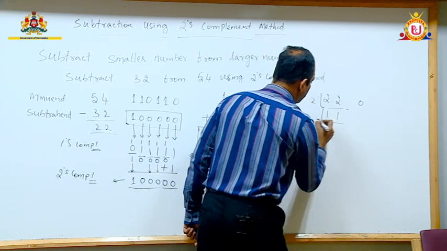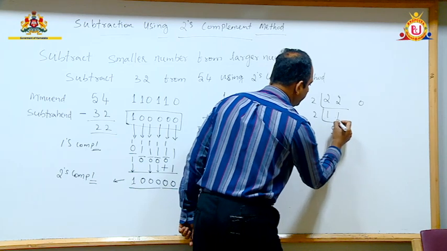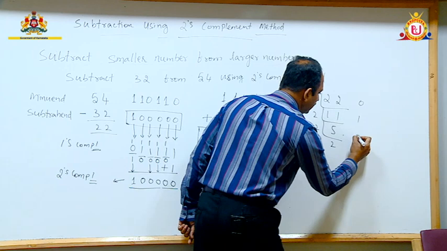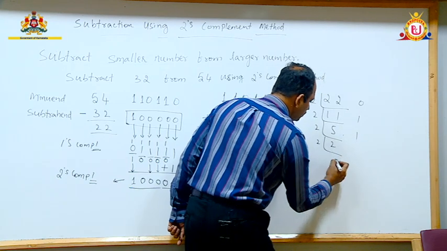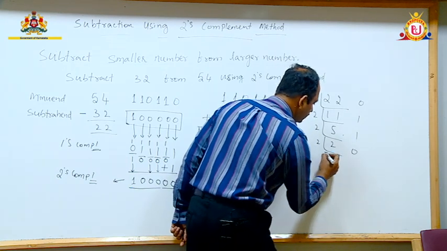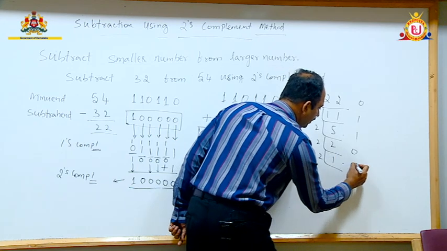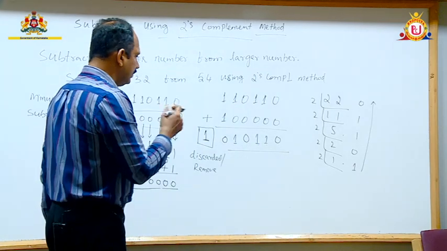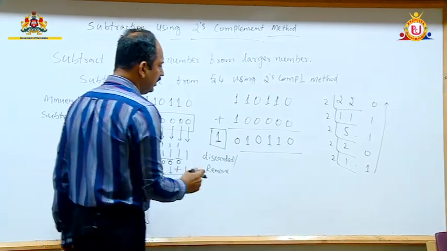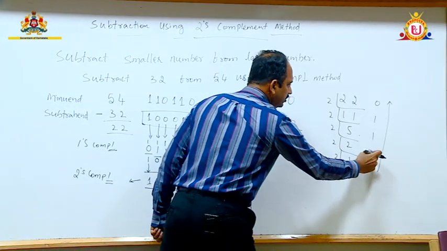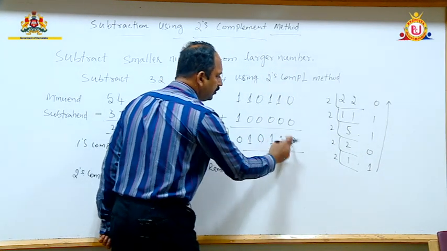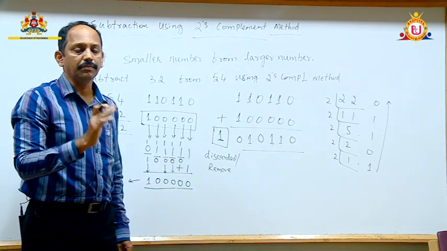The remainder is 0. 2 times 5 is 10. Remainder is 1. 2 times 2 is 4. Remainder is 1. 2 times 1 is 2. Remainder is 0. And 1 cannot be divided, it is written as it is. So you can see this number 10110 and 10110 are one and the same.